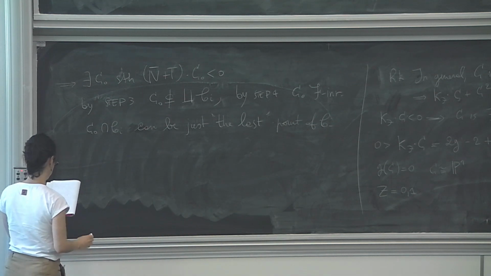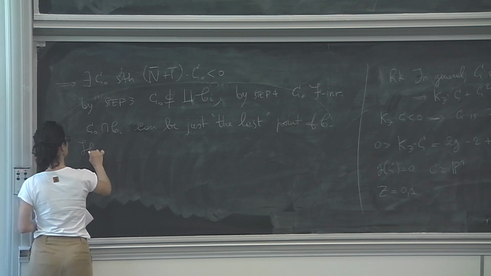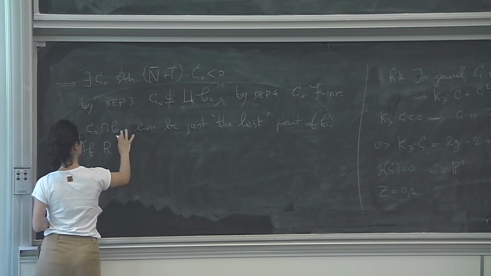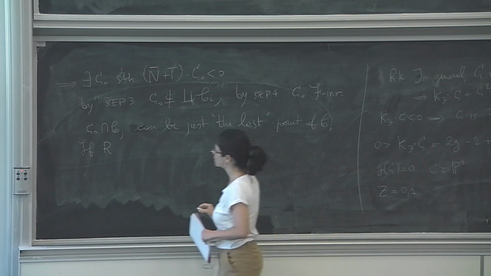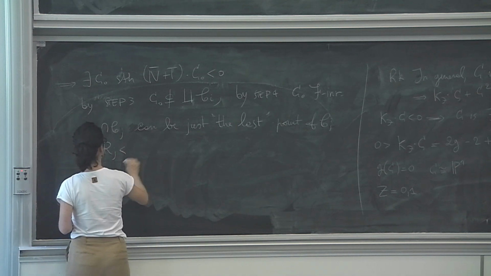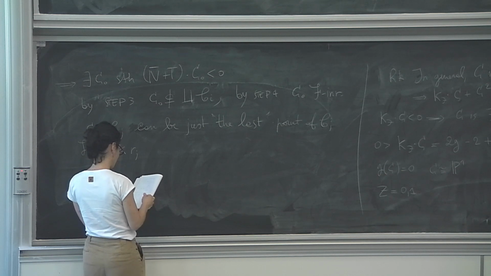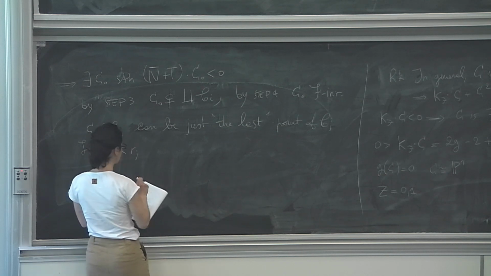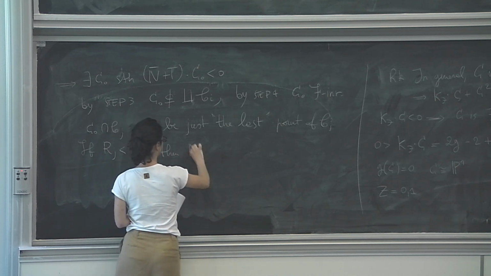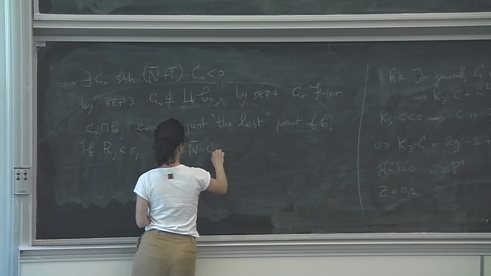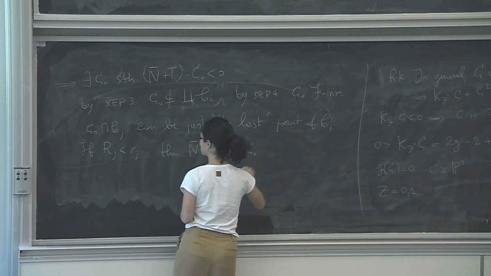Okay, so here there are two cases. Oh, maybe Cj. So if capital Rj is strictly smaller than Rj, then n bar cross C0 is exactly n bar times C0.